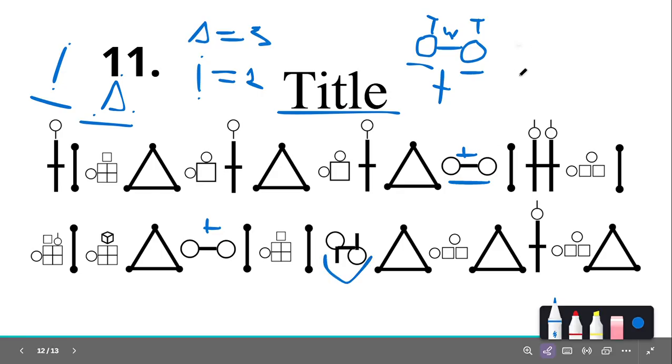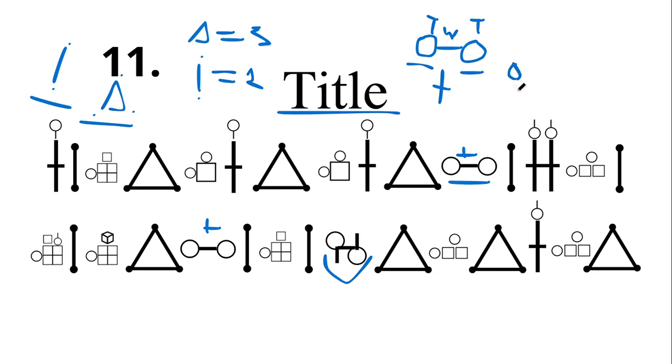Then this is a circle above the line, and then some other circle below the line. If it is above the line, it is positive. If it is below the line, it is negative.